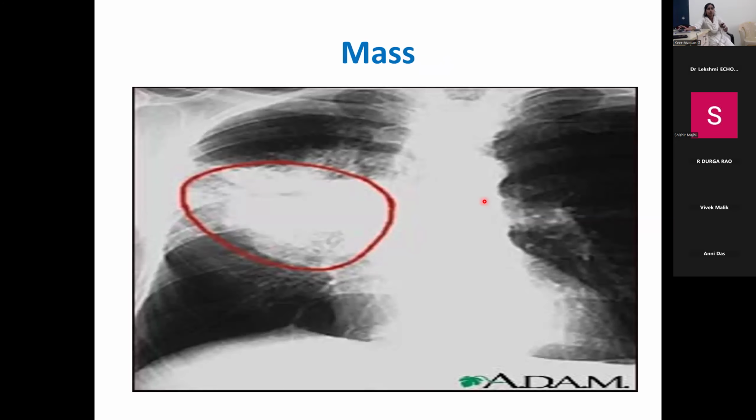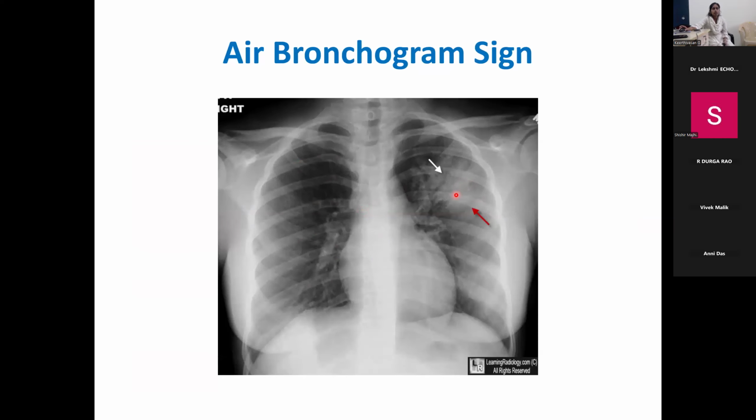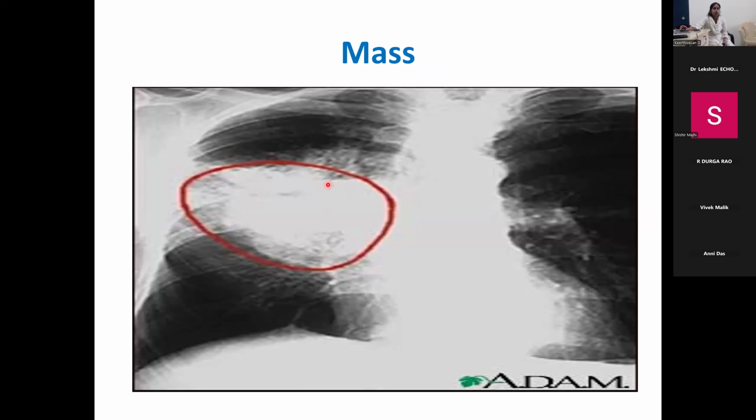Okay. Now you can also confuse it with mass. Why am I calling this a mass and not a consolidation? See the density. This is very dense, very white. And what other findings can you get? It has an irregular border, a very much irregular border, and in some areas you also have spiculations.